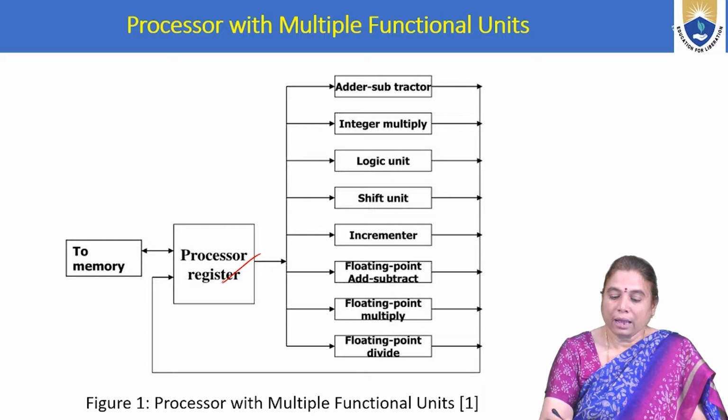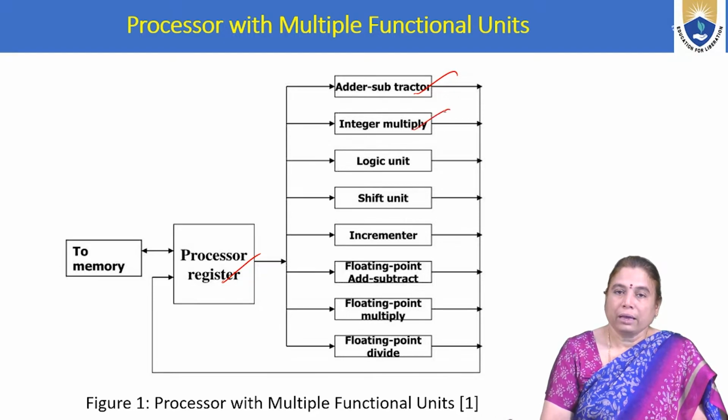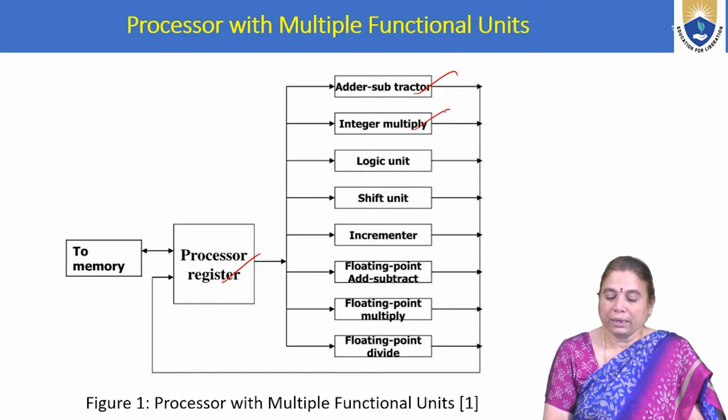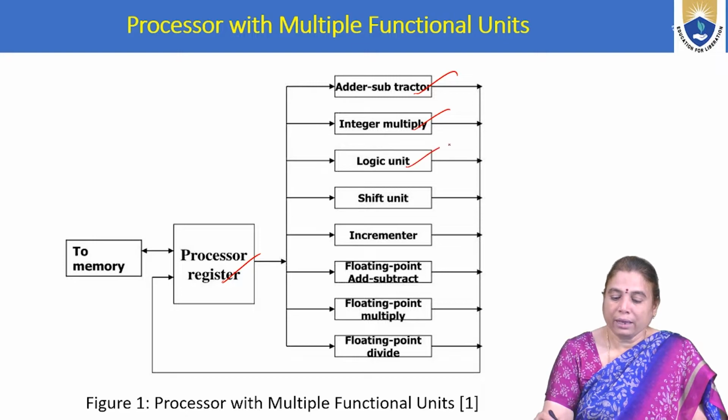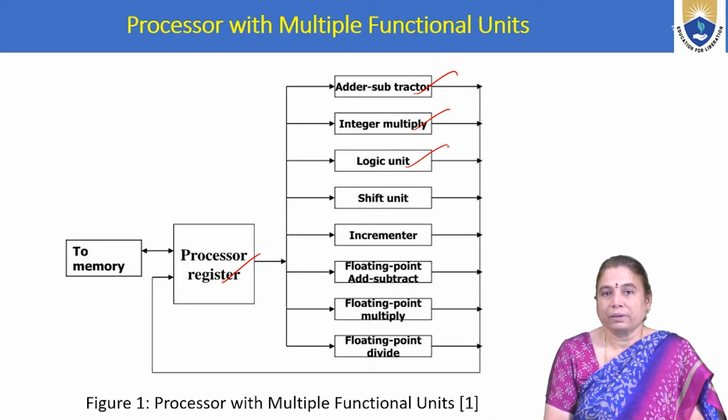Here the adder, subtractor are separate functional units, the integer multiplier can support integer multiplication, and the logic unit can perform various logic instructions like AND, OR, exclusive OR, complement, compare.